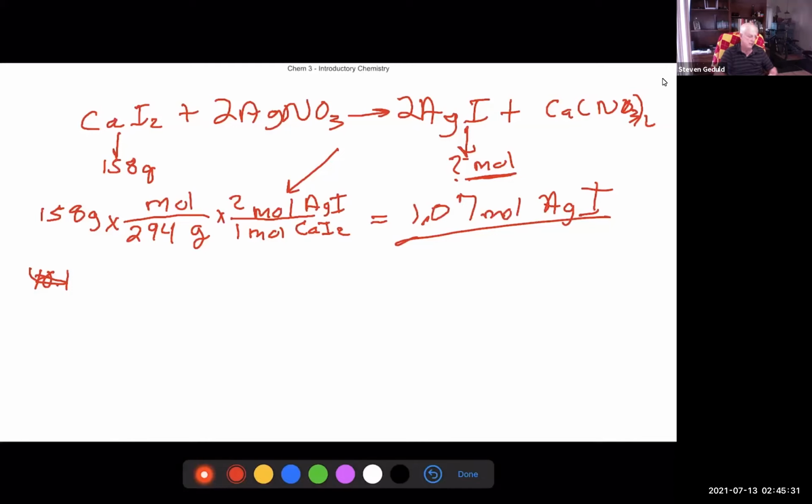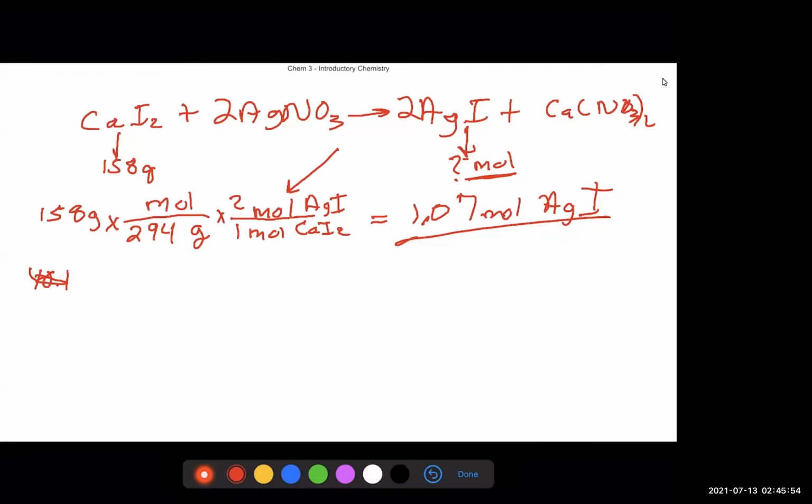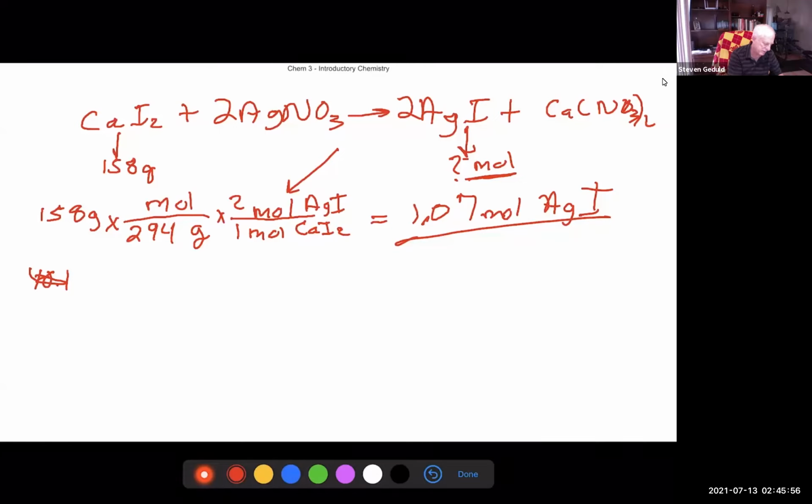Okay. The key is knowing when to stop your conversions, when you reach the point where you're looking for their specific answer. And that's what they're looking for, roughly 1.07 moles of silver iodide. That make sense? Yes. All right, perfect. Let's pull the next one.